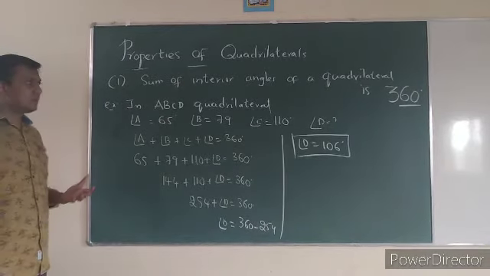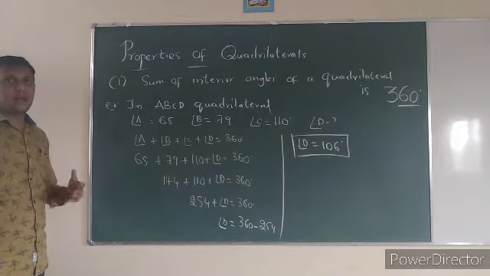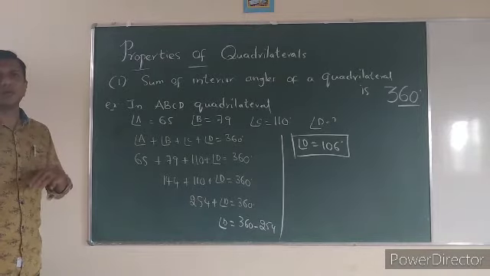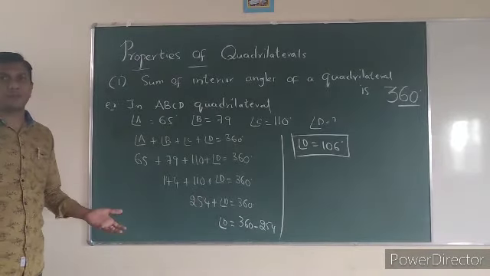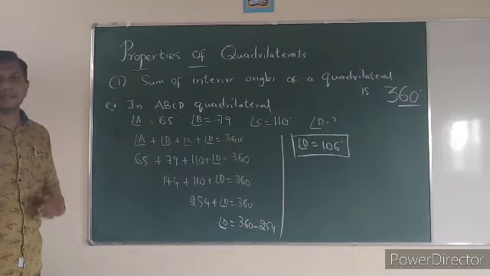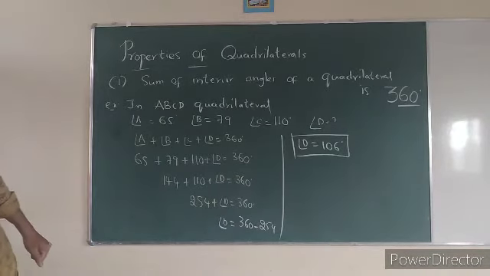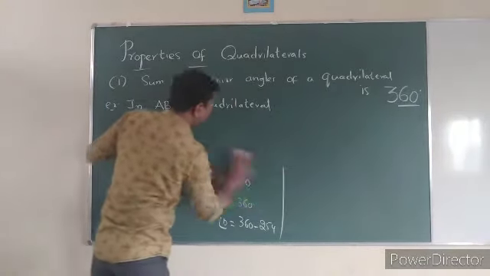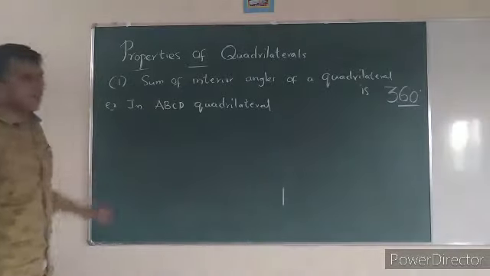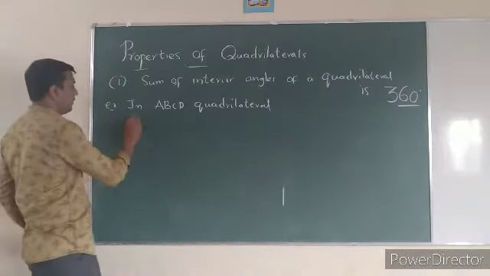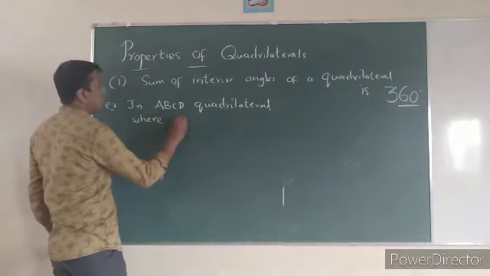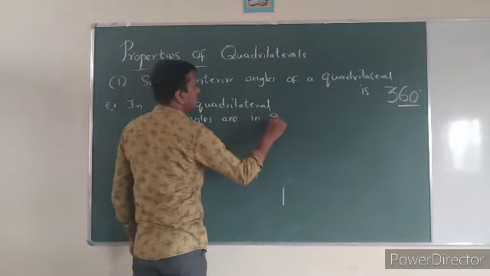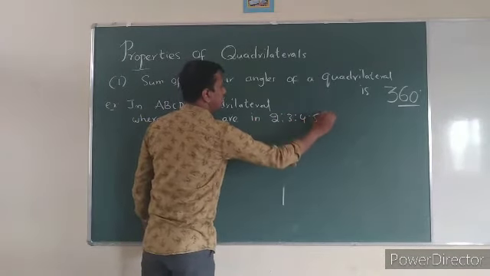Sometimes the angles will be given in ratios, like in a quadrilateral ABCD or PQRS, the angles are in the ratio 2:3:4:5. How to find the angles then? We will see. Consider the same quadrilateral ABCD, where the angles are in the ratio 2:3:4:5.